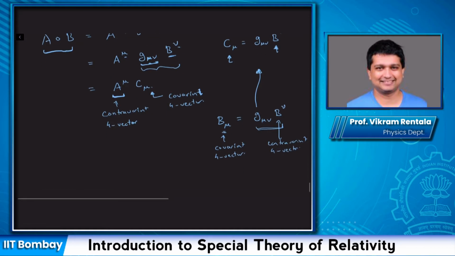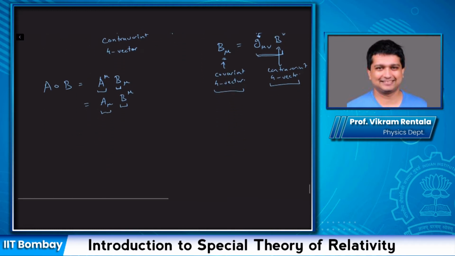And so the dot product of A and B is just written as A mu B mu, which you can also show can be written as A lower mu B upper mu. Here, A lower mu is the covariant four vector corresponding to the contravariant four vector A mu, and B upper mu is the contravariant four vector corresponding to the covariant four vector B lower mu. There's a one-to-one correspondence between the covariant four vectors and their contravariant four vectors. They're just related through the metric G.